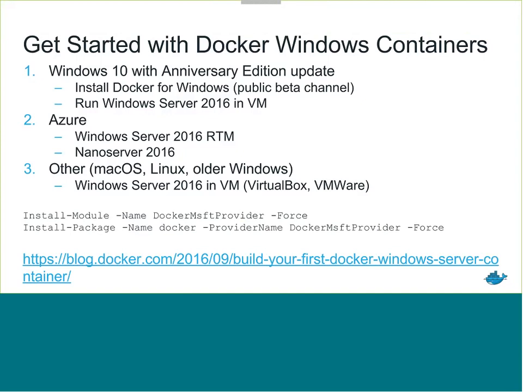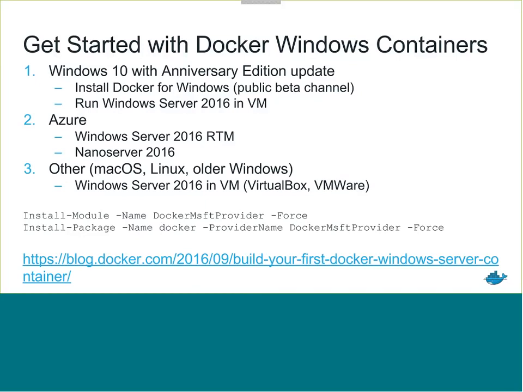You can also use Azure. Windows Server went GA yesterday, and with the GA, it's now available on Azure too. So that's a super easy way to get started. If you're on Mac OS or Linux or an older Windows version, then again, just get a hold of the Windows Server 2016 ISO, and then you can set it up in VirtualBox and VMware.